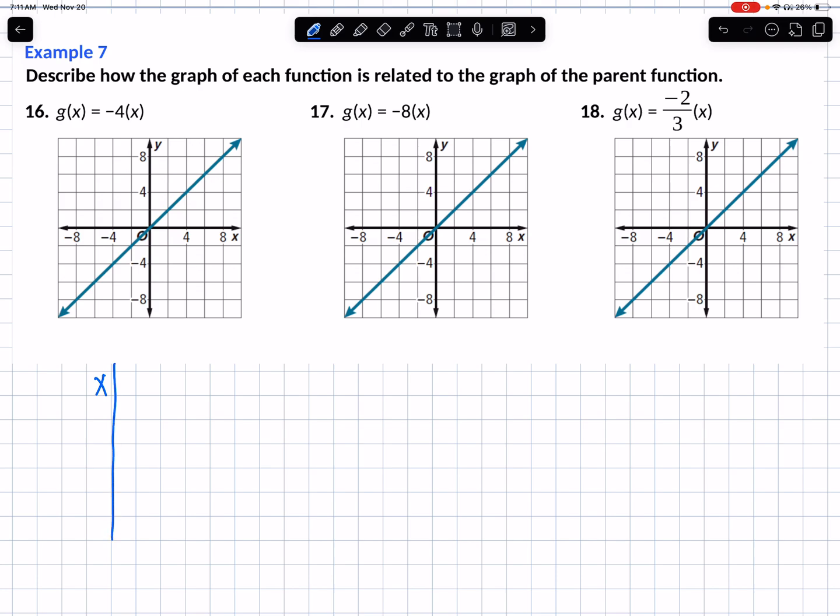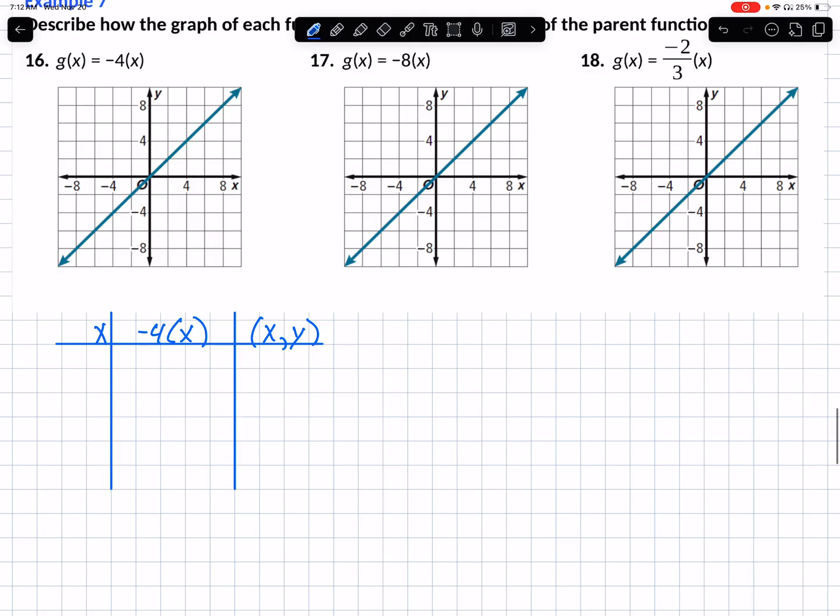So when we make our XY table, I leave a lot of space in the middle so you can show some work in the middle. And I always like having x comma y outside because it makes it easier to graph. And then I put the function in the middle, negative 4x, like that. So I think the easiest points to start with, especially if we don't have a fraction, are -1, 0, and +1.